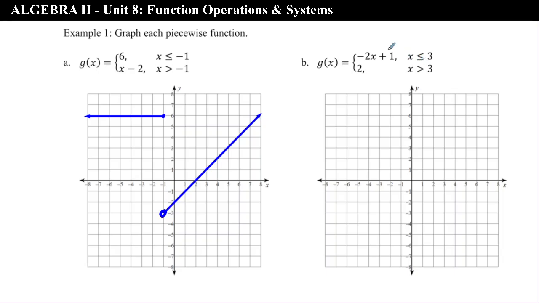We know that the y-intercept is 1, and our slope is negative 2, which means we're going to go down 2 over 1, down 2 over 1, and continue to follow that until we get to 3. Then we'll draw our line from there, making sure we go through our y-intercept, which is 1.